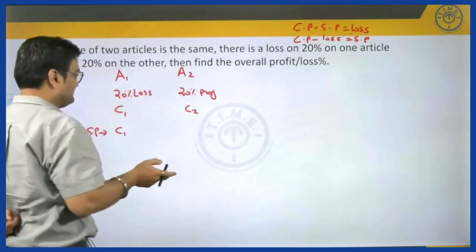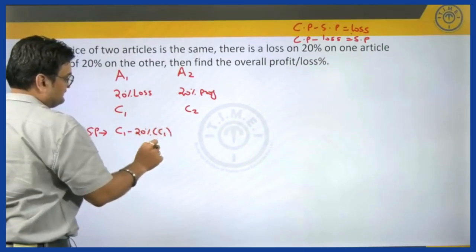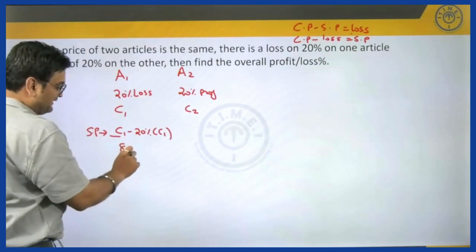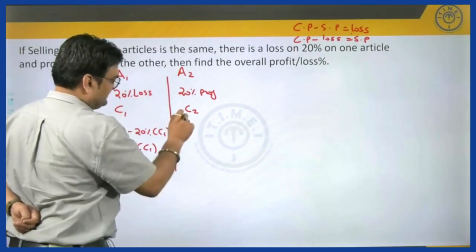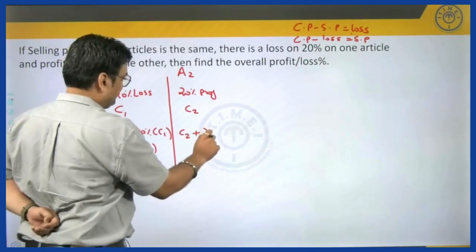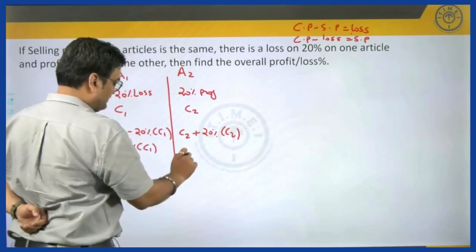What is cost price? C1. What is loss? 20% of C1. So 100% of C1 minus 20% of C1 is nothing but 80% of C1. Here 20% profit, so selling price will be C2 plus 20% of C2, that is 120% of C2.